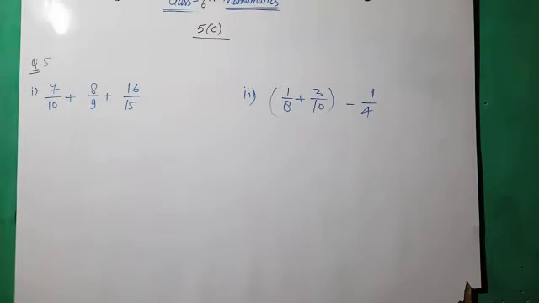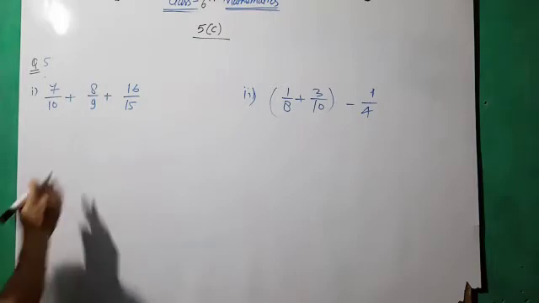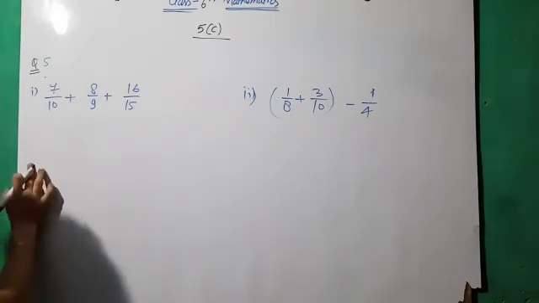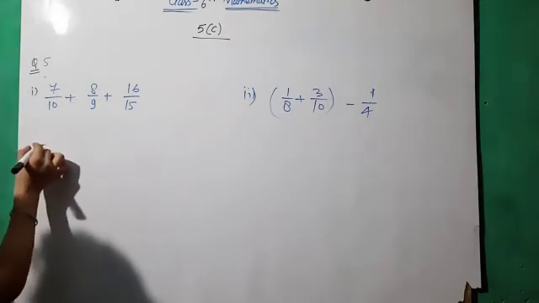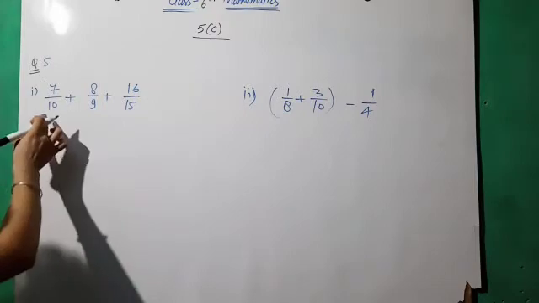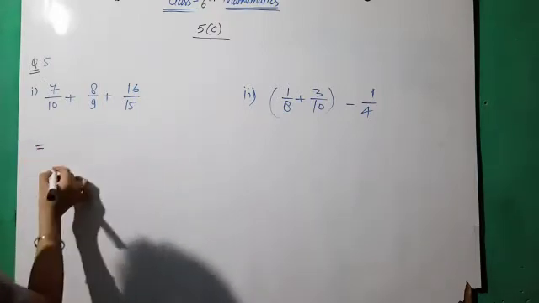So the LCM of these three numbers is 90. If any student has any problem solving this type of question, first find the LCM. The LCM of 10, 9 and 15 is 90.